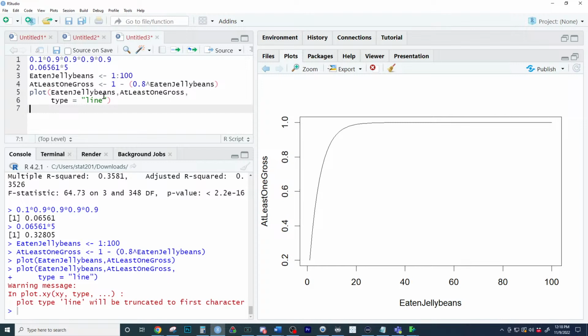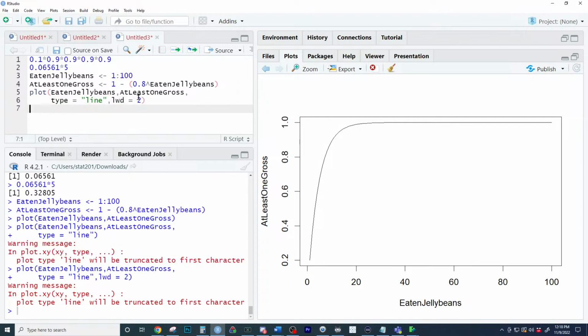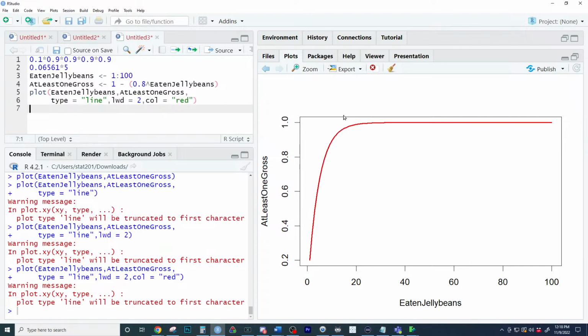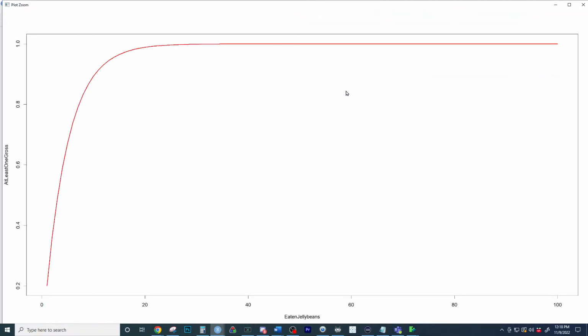There you go. The probability of at least one gross jelly bean starts to do what? Well, it does kind of flatten out, but it approaches what?